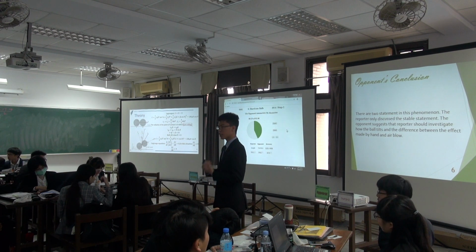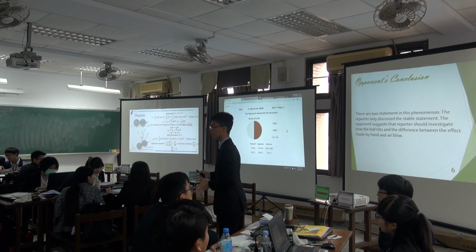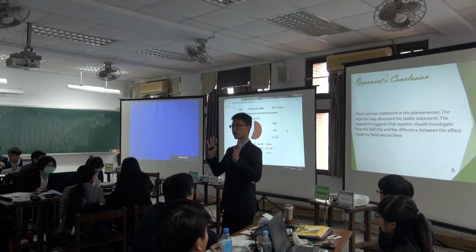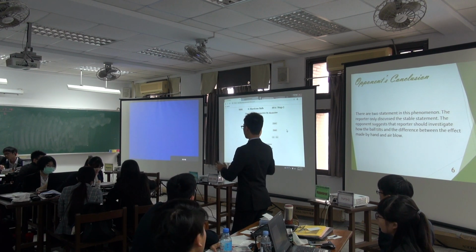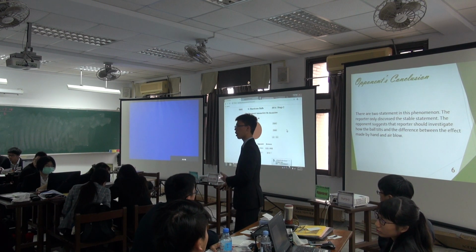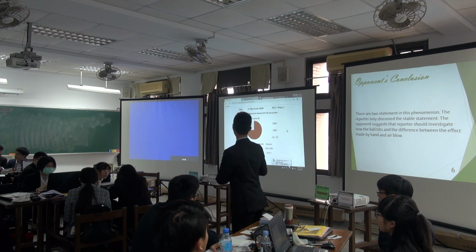But the opponent still thinks that in the problem statement, the hands effects and the air are pretty dominant to the mechanism of why the balls are lifting off the ground. And secondly, the blowing air tube actually has a lot of effects, while the force of turning has to do with fluid dynamics.